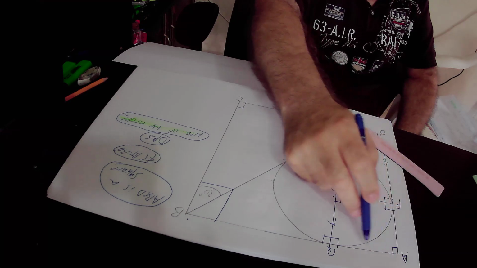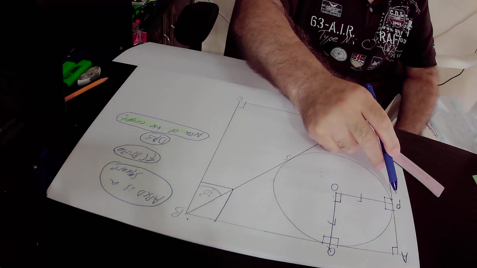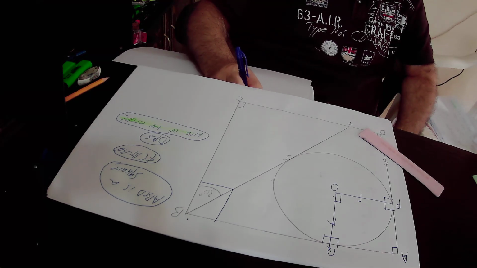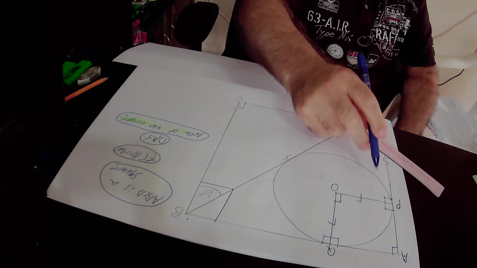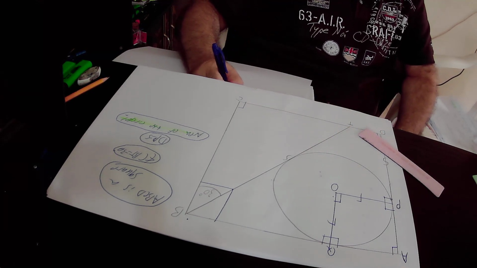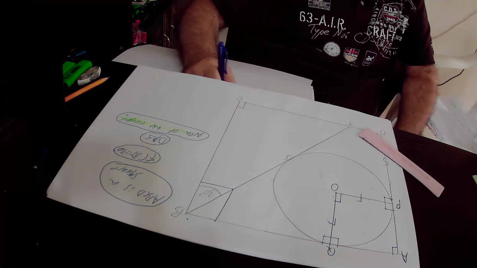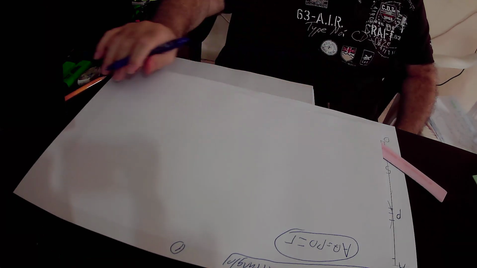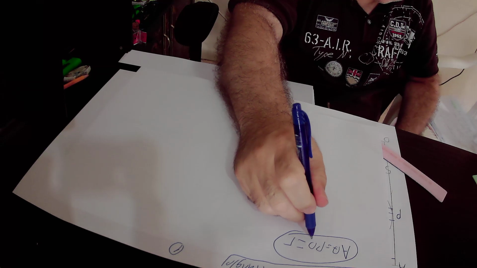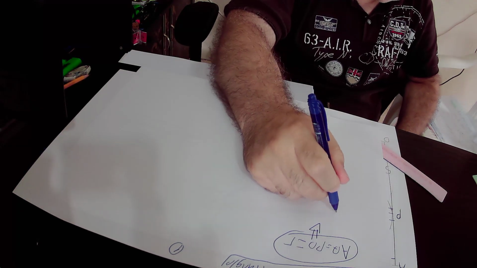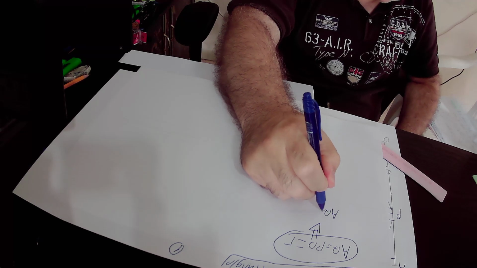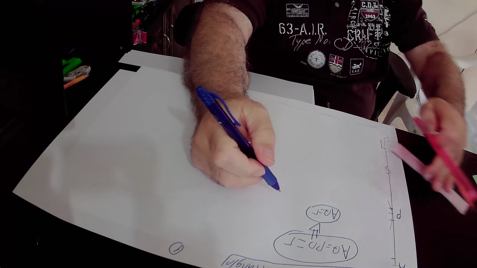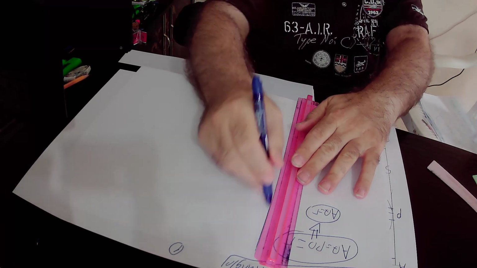That is to say, side AQ of rectangle AQPO must be equal to side PO. AQ equals PO, but we already found out that PO equals R. It is the radius of the circle. From the equation AQ equals PO equals R, we derive that AQ is also equal to R.